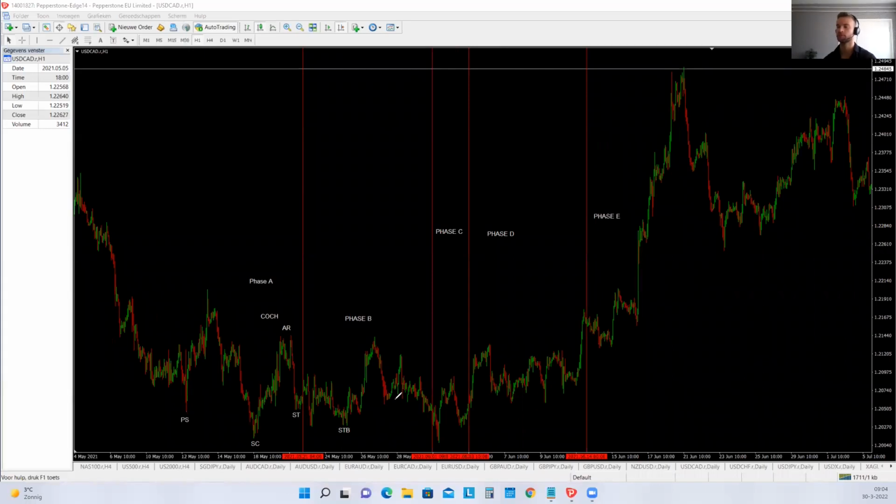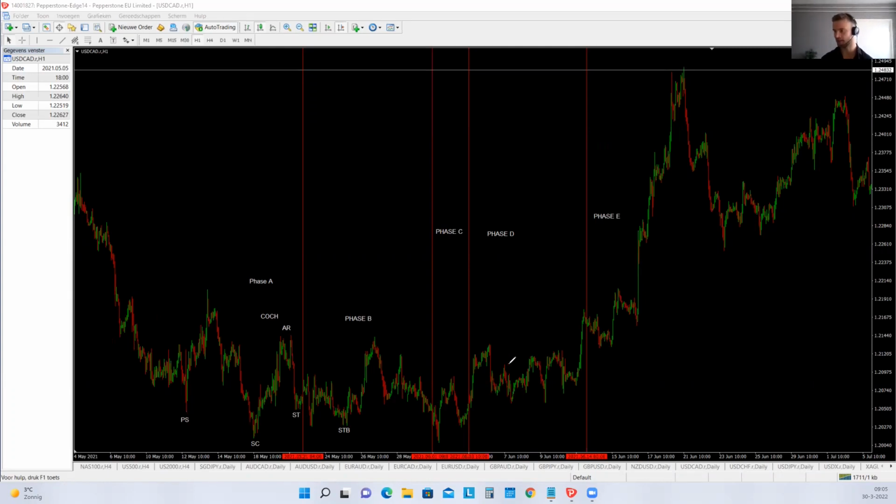In terms of distribution, it's basically the other way around. I'm not going to give an example right now, simply because it's just the same thing, but the other way around. Now, one thing that is different from distribution and accumulation is that after a distribution, you tend to get more aggressive moves.